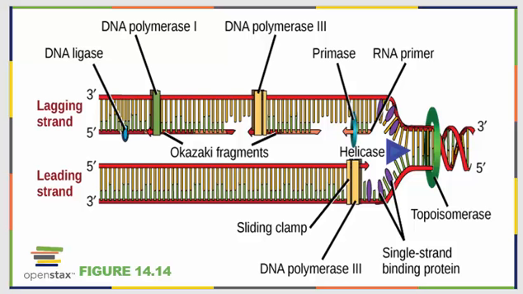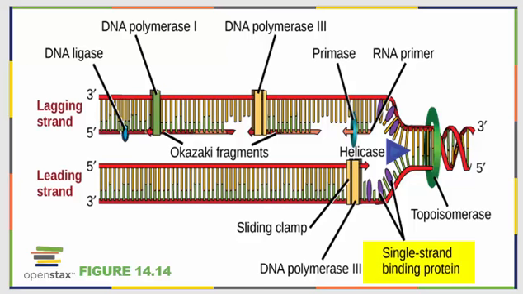To begin replication, a replication fork is formed when helicase separates the DNA strands at the origin of replication. The DNA tends to become more highly coiled ahead of the replication fork. Topoisomerase is an enzyme that breaks and reforms DNA's phosphate backbone ahead of the replication fork, thereby relieving some of that pressure that results from the supercoiling.